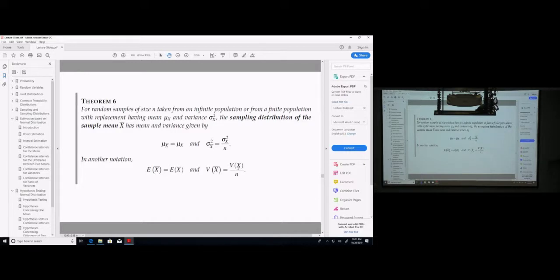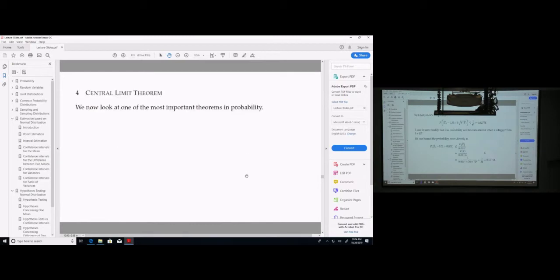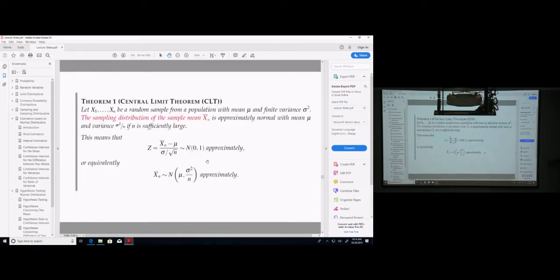So the standard deviation of x bar is the standard deviation of the population over square root n. That is where the square root n comes from. The mean is always 0, and the variance is always equal to 1 because of the way we standardize it.